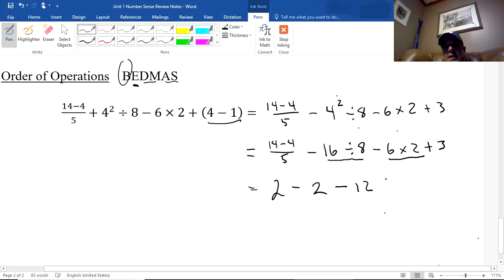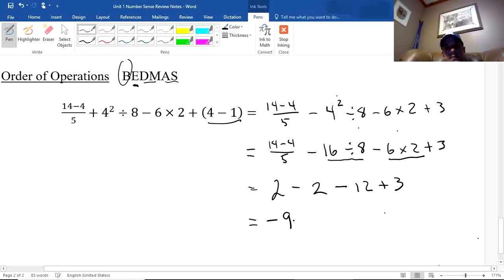And then finally, plus 3. So I get to this wonderful stage where I've got 2 minus 12 plus 3, and I can just do this all in order if I really want. But 2 minus 2 is 0. Subtract another 12 is going to be minus 12, plus 3 is going to get me to minus 9.